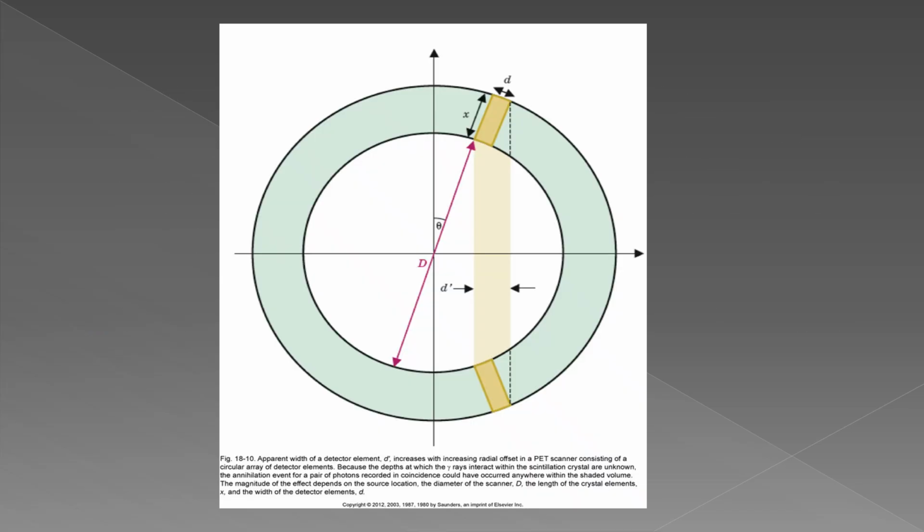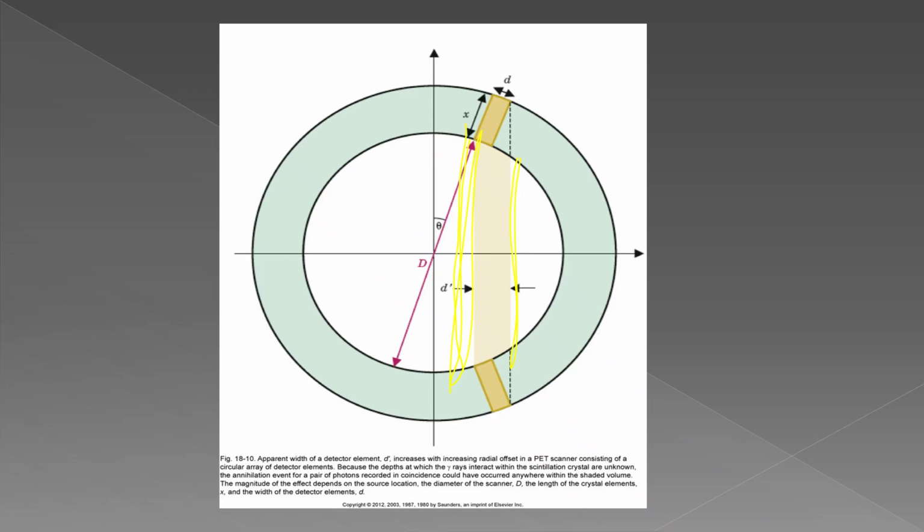This is just showing you that because of the width of the detector element, when you do have annihilation photons or a coincidence event that happens opposite of each other, it really could happen anywhere in this shaded area. It means it could have come from anywhere in that shaded area.